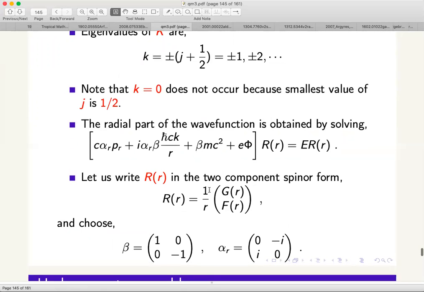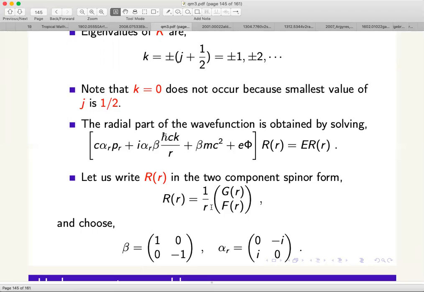The radial part of the wave function we will write in two component spinor form. There's a 1 over r factor we have pulled out, and we want to solve for g r and f r essentially. This 1 over r factor is the same thing that you use in the spherical polar coordinate system Laplacian. If you want to make it look simpler, have a multiplying factor 1 over r, which will make that Laplacian simpler.